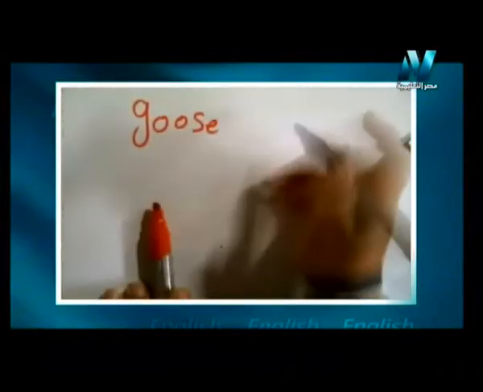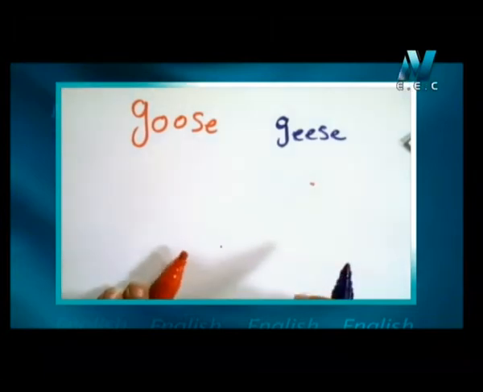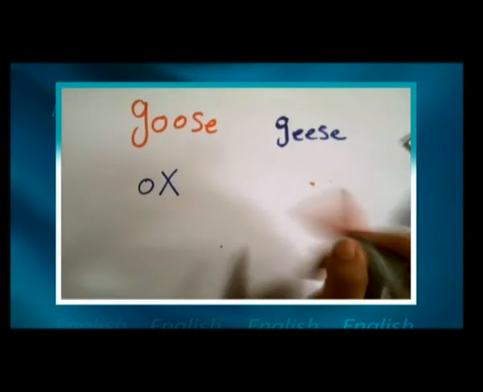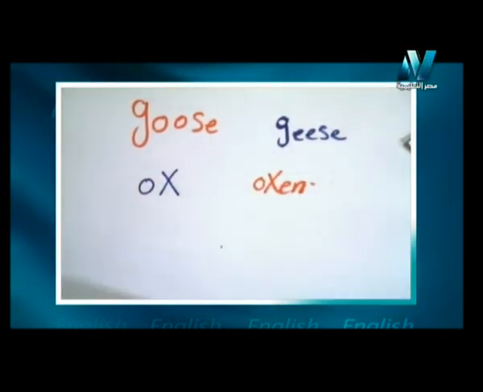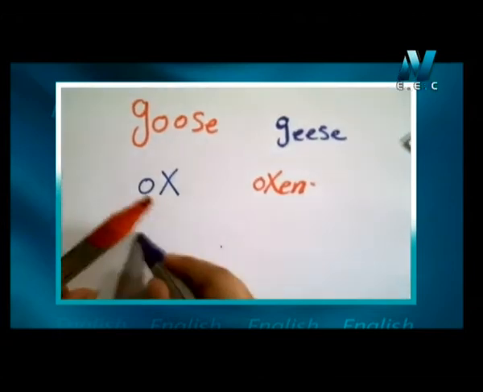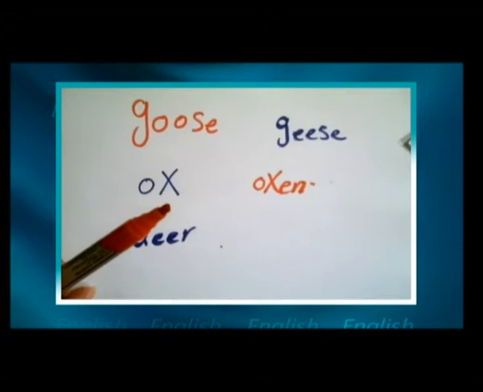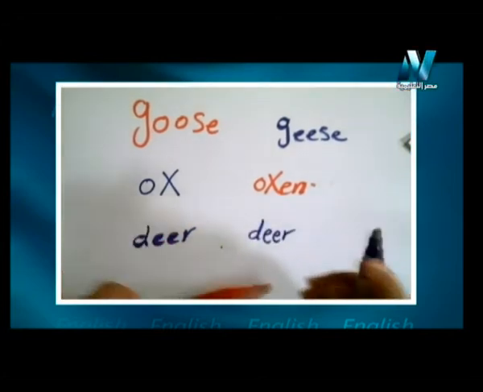Goose, اللي هي الوزة, it's going to be geese. Ox, it's going to be oxen, the plural form, oxen. Deer, الغزال, deer, it's going to be deer as it is. شكل الورد مش هيتغير.